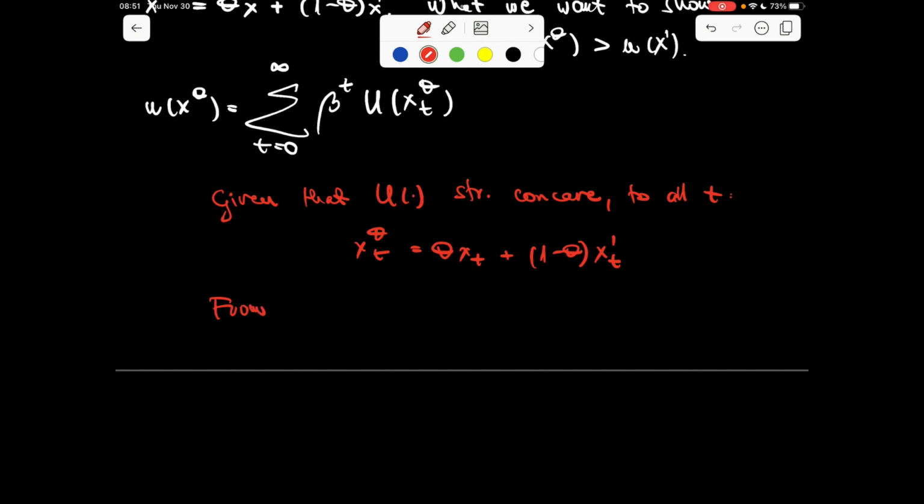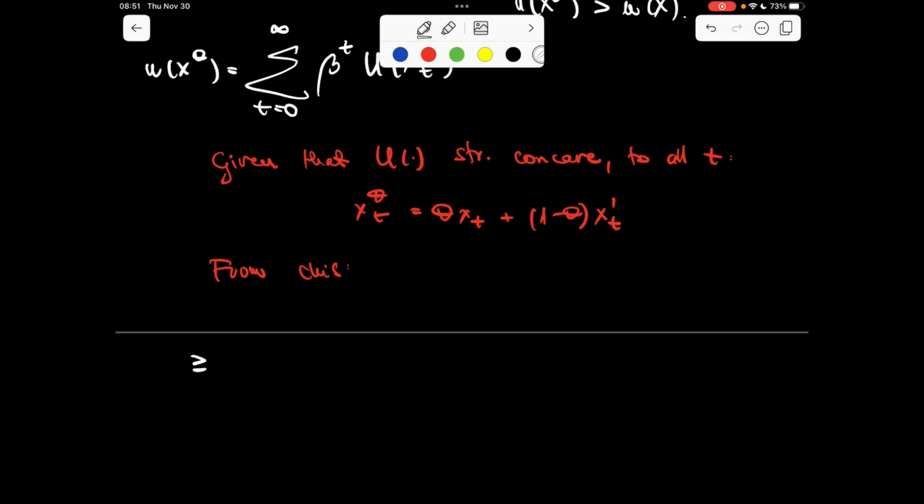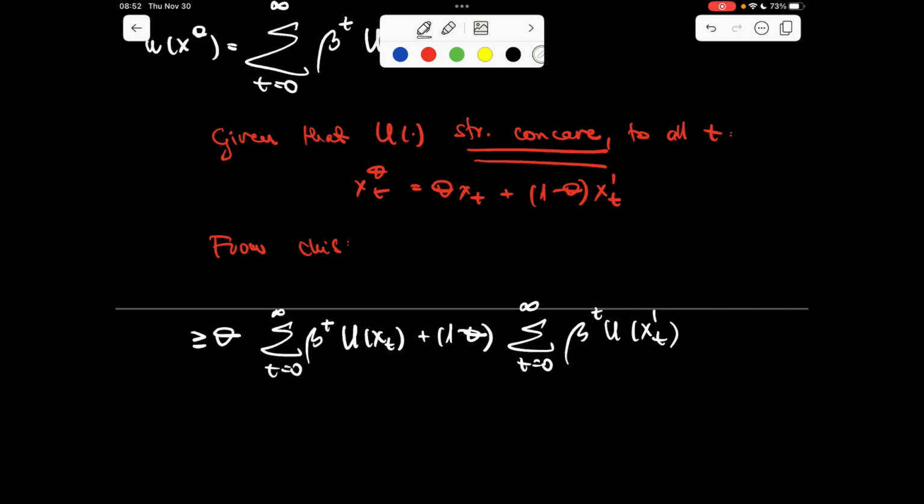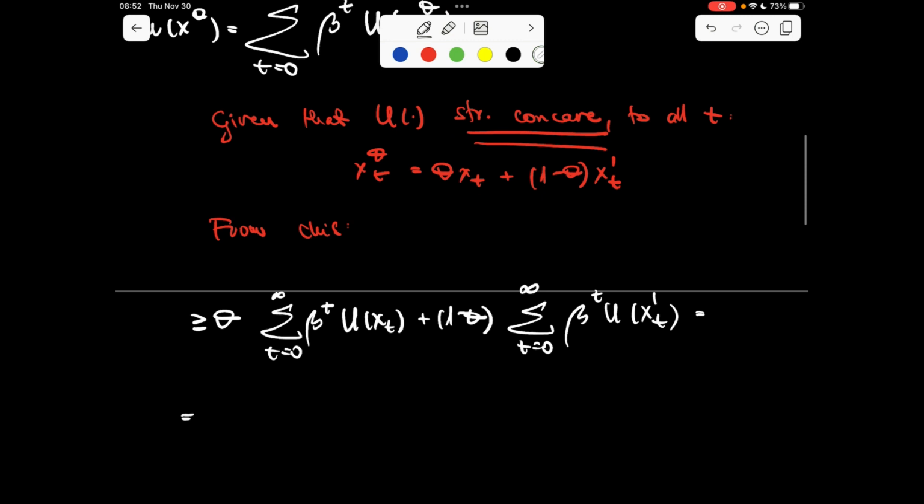From the strict concavity, we have this inequality, which is equal to the convex combination of the utilities of the two different paths.